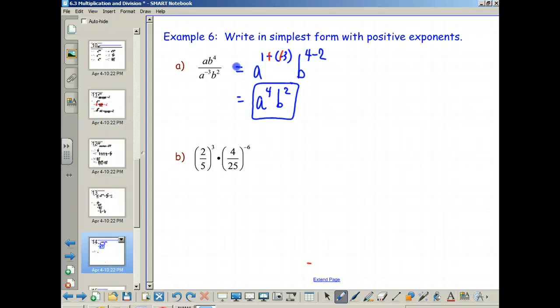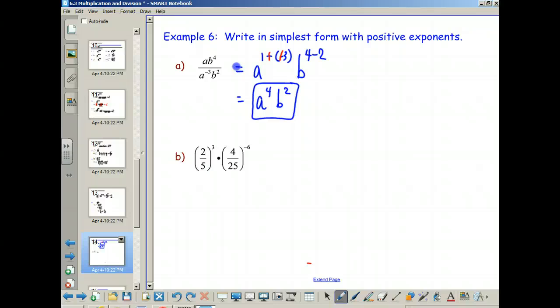Part B is a little different because I actually have numerical values instead of a variable a or b. So in order to combine the 2/5 and the 4/25, I need to have them be identical. As you're taking a look at this, 2 over 5, 4 over 25, hopefully you're looking at them and saying, those seem familiar. In fact, 4 is 2 times 2, and 25 is 5 times 5.